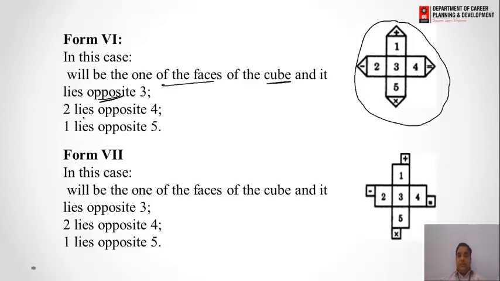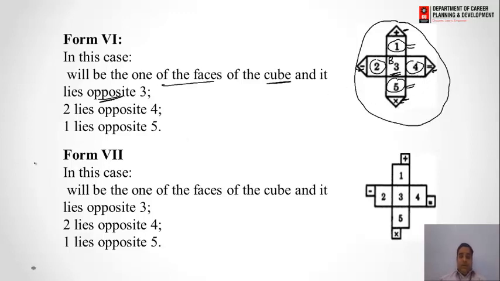Like in this, 2 is opposite to 4, 1 is opposite to 5, and this half part and this half part make a part which is opposite to this 3. These are the 4 quarters we have of the top if this 3 is at the bottom.